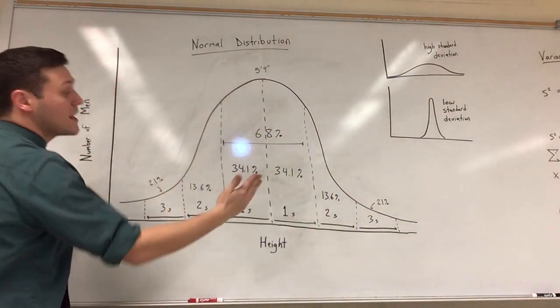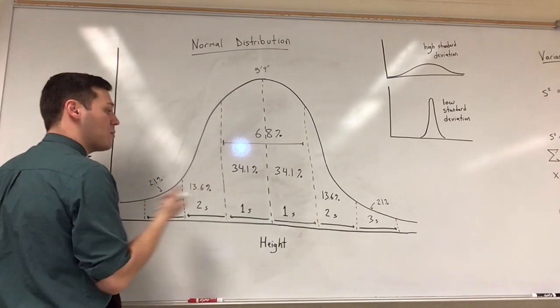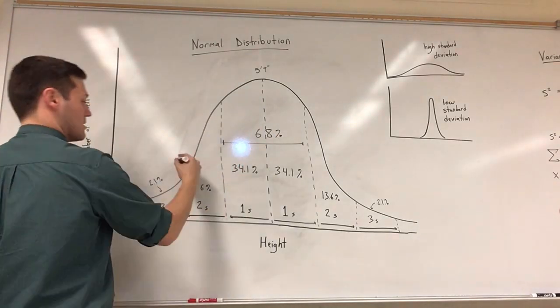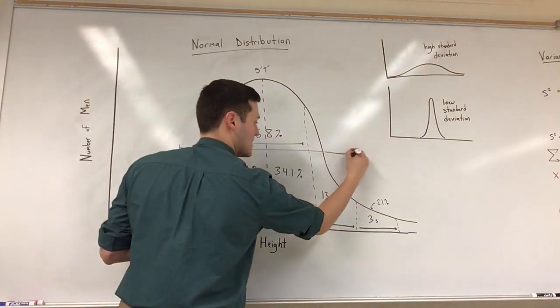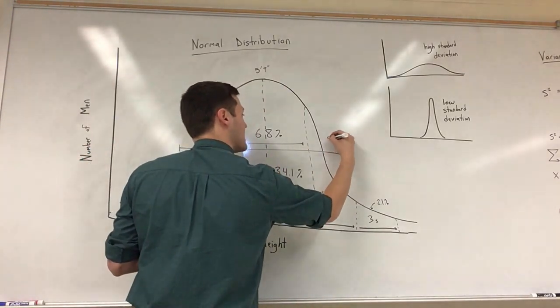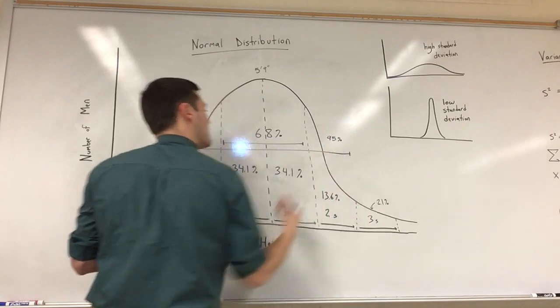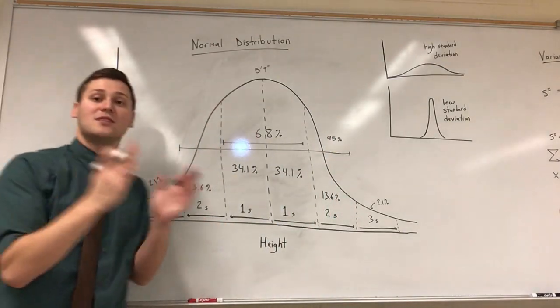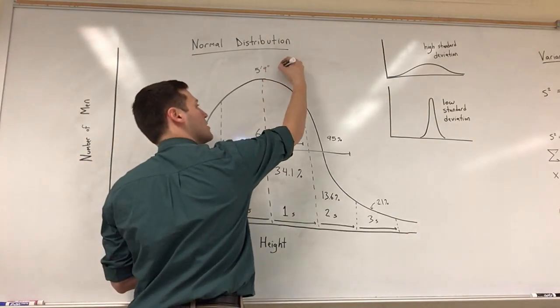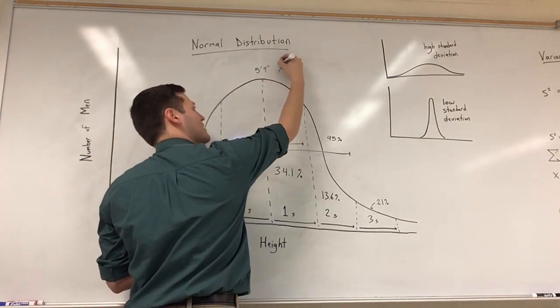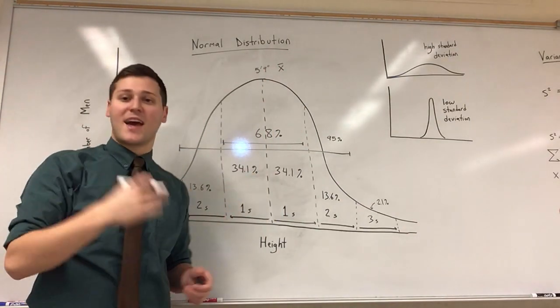If you go two standard deviations, that's about 95%, I believe. So 95% of men fall within two standard deviations of that mean, of that average. And by the way, average in statistics, we represent it with X bar.